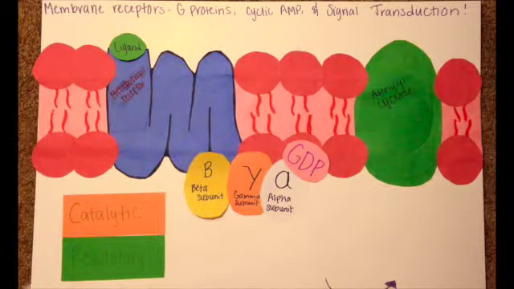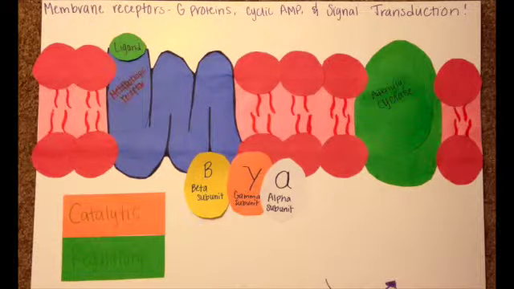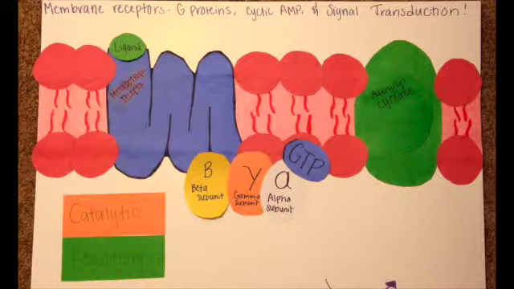When he interacts with our heterotrimeric G protein, our alpha is going to lose her best friend, GDP. Because alpha lost her GDP, she's lonely and she needs a new best friend. Her new best friend is going to be GTP. Remember, GTP stands for guanosine triphosphate.